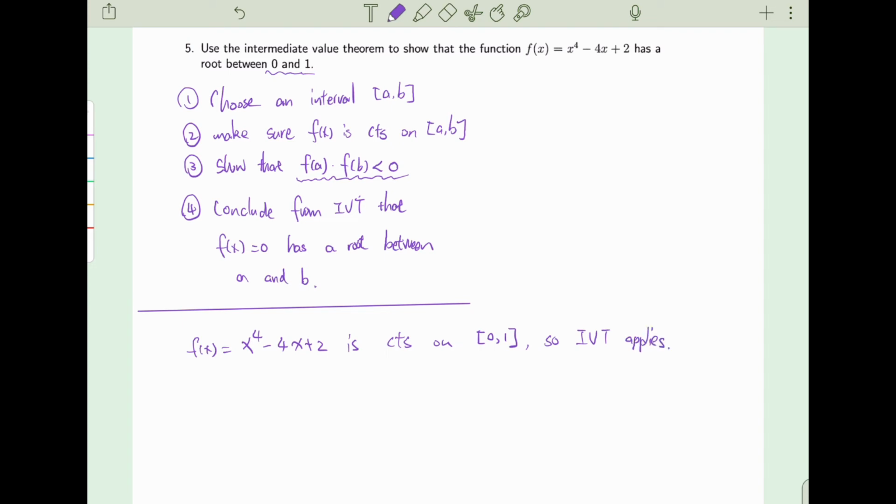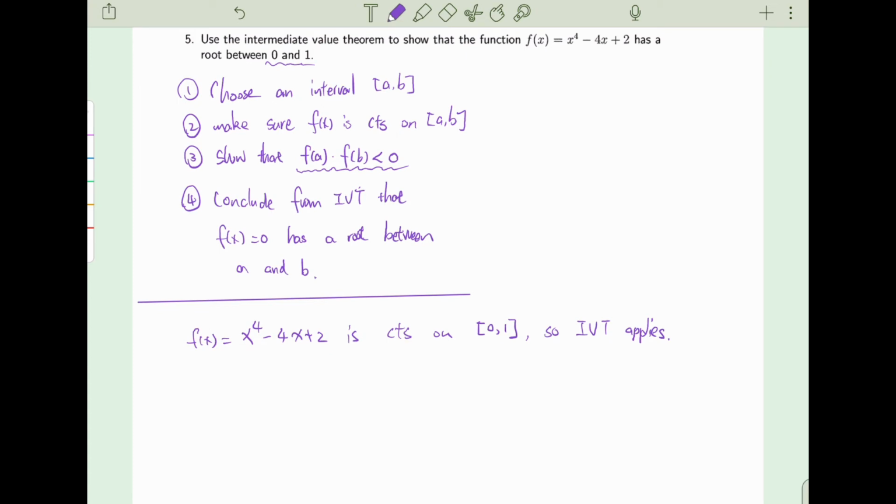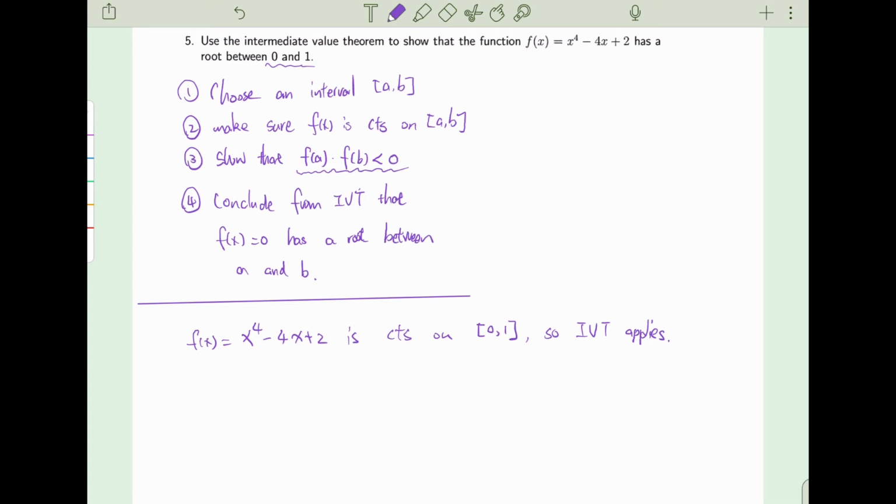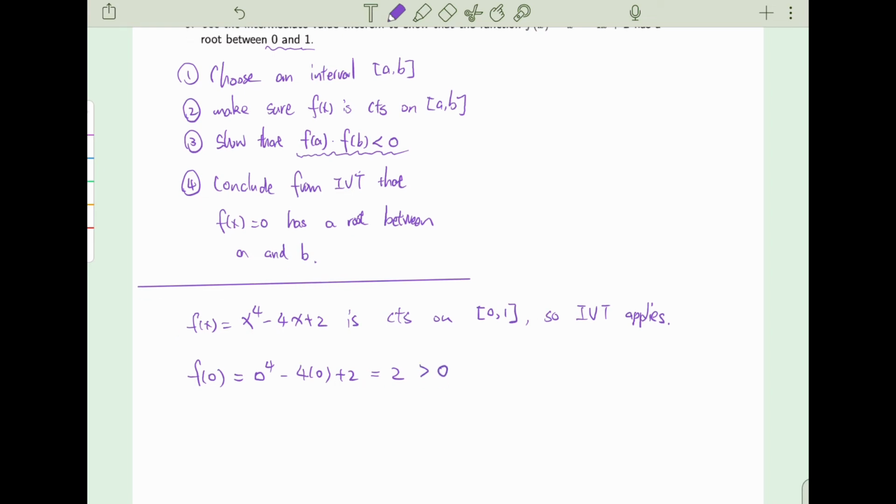Okay, and now we're going to check the function evaluated at the endpoints. So f(0) is equal to 0 to the 4 minus 4 times 0 plus 2, which is positive 2, right? Greater than 0, we have the positive sign for this value.